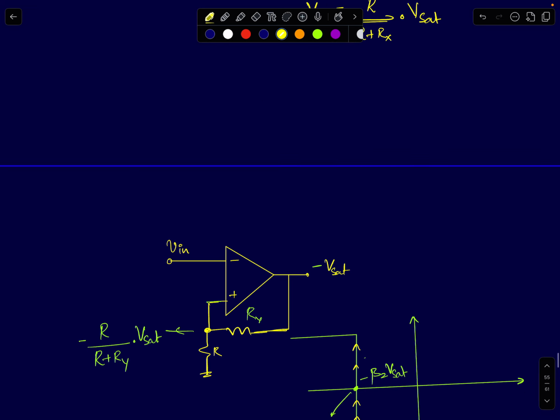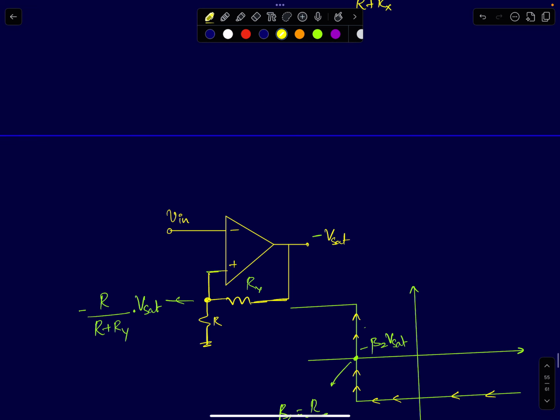So if D2 is active, I'm going to end up in a situation like this. The resistance Ry will be now in the feedback path. Rx is now open. That's no longer in the feedback path. Now remember, your input voltage is greater than beta 1 times Vsat, which means it's a positive value. It's a positive value which is greater than beta 1 times Vsat.